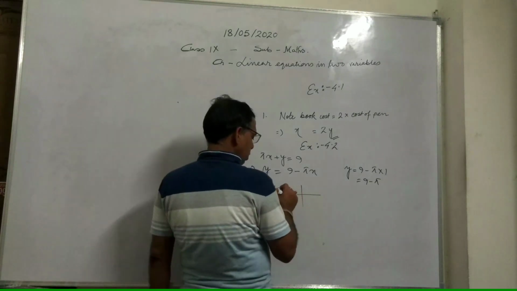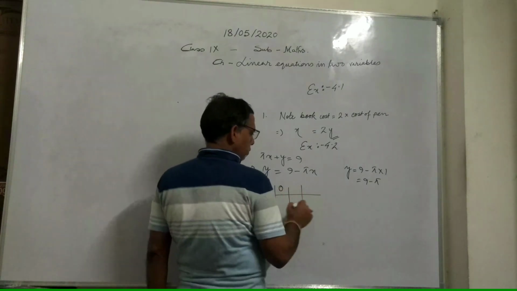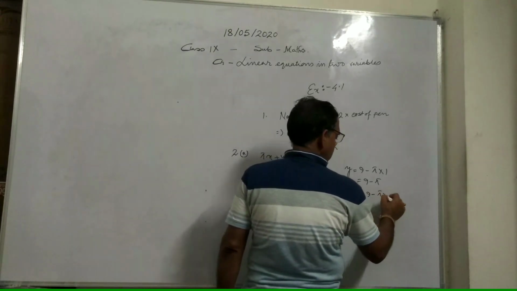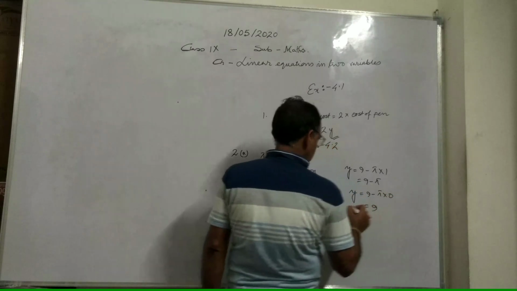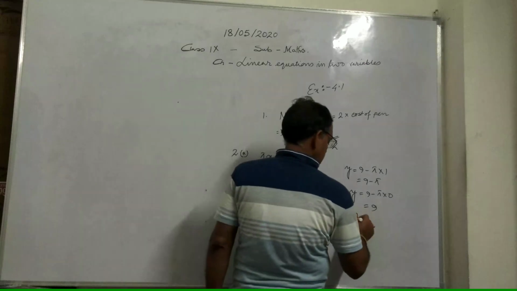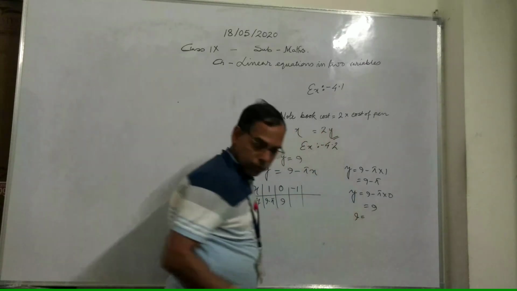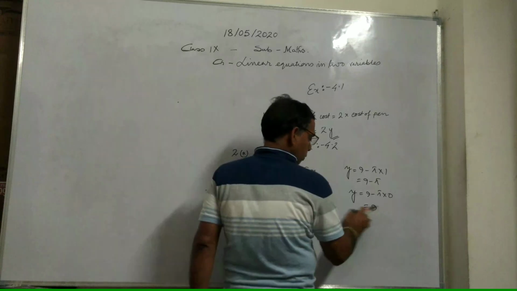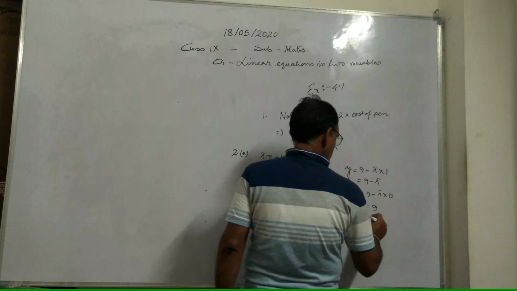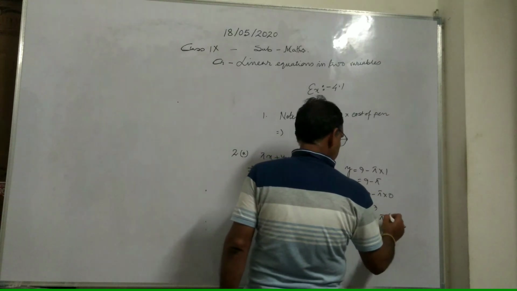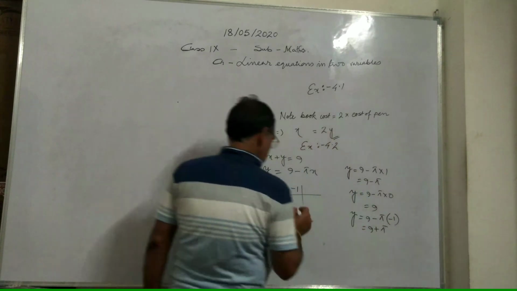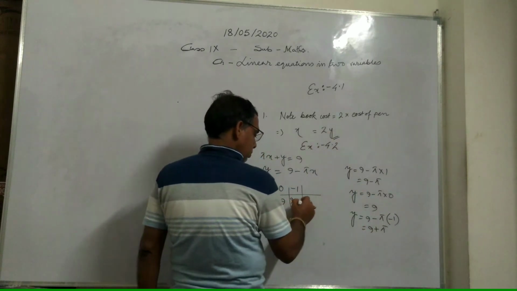Then suppose x is 0. Then y equals 9 minus pi into 0, equals 9. Suppose x is minus 1. Then y equals 9 minus pi times minus 1, so 9 plus pi.